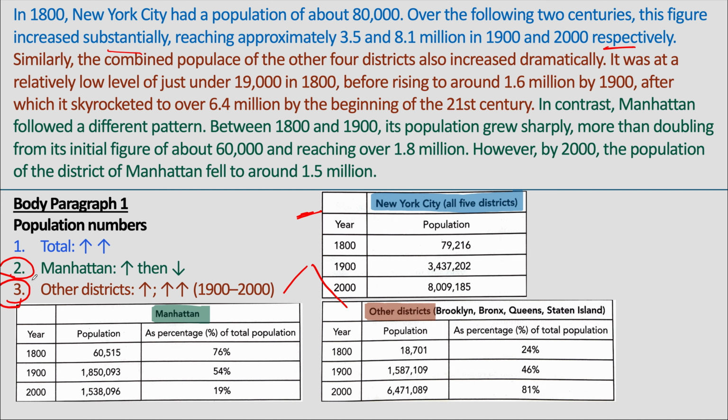It doesn't matter which one we write first. I have chosen to write about the other districts first. The reason I chose this was that there is an increase in the total population numbers, there is an increase in the other districts' numbers. Manhattan has a drop, so that I'll mention later.